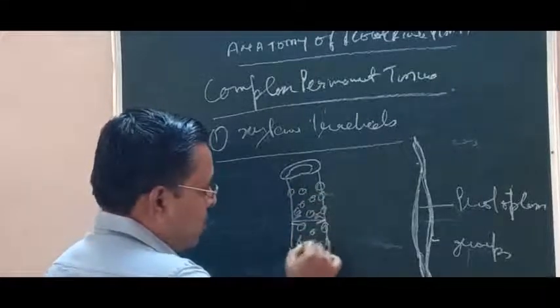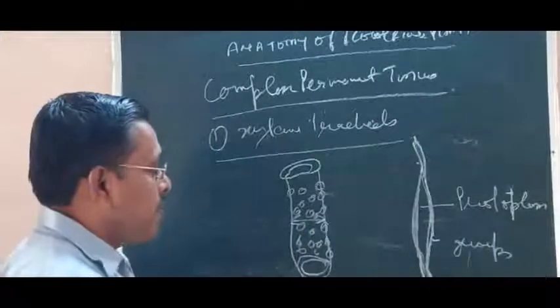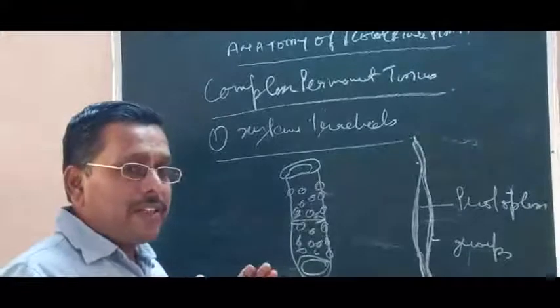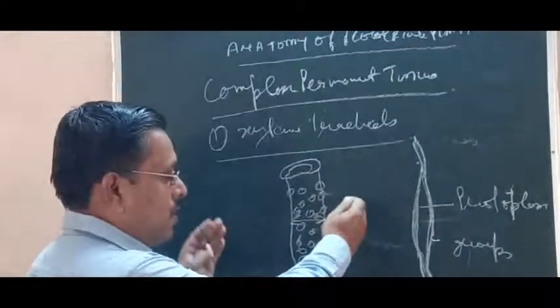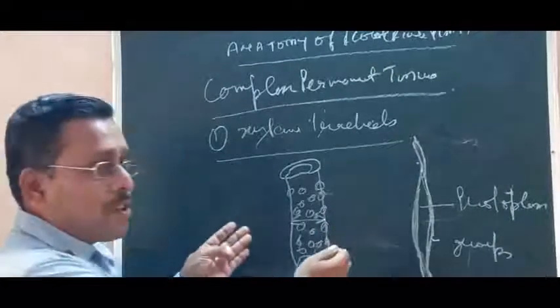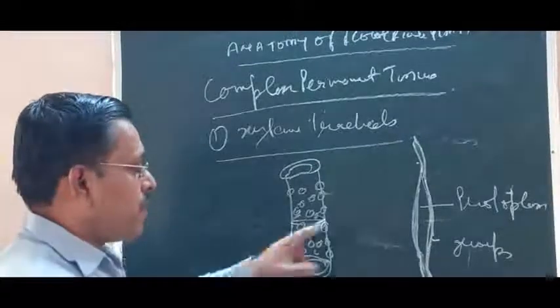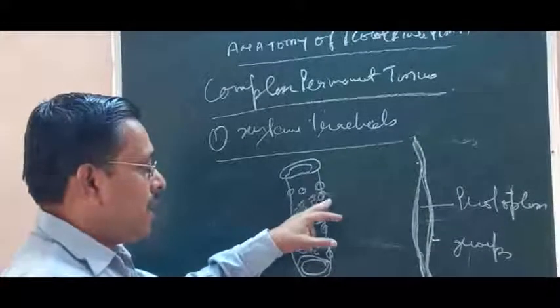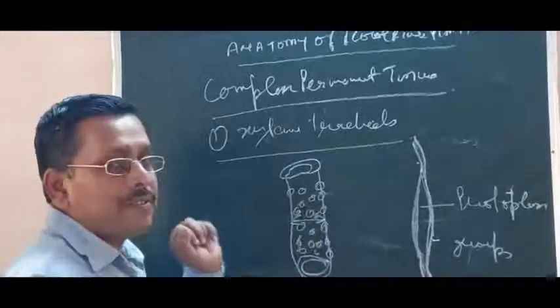It is also a dead cell, no protoplasm is there, but xylem vessels occur in groups, and the xylem vessels together constitute xylem members, vessel members. So various vessel members are connected with each other through their perforations.